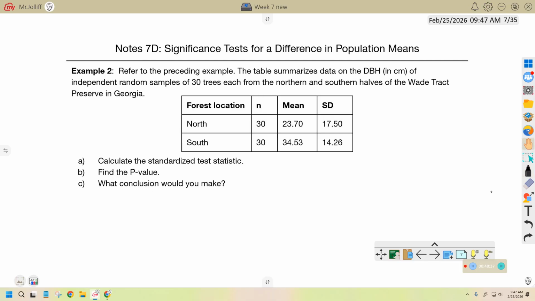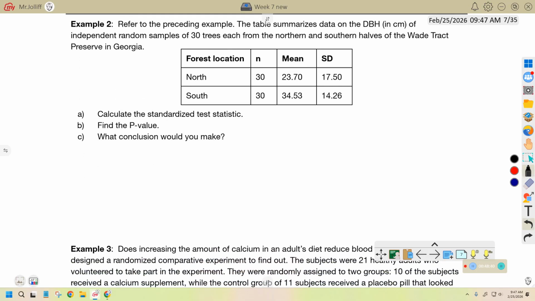So for A, we are calculating a standardized test statistic. And I need to ask myself, Z or T? T, very good, because we only have a sample standard deviation. So my standardized test statistic T is going to be x bar 1 minus x bar 2 minus 0 all over square root of sx1 squared over n1 plus sx2 squared over n2.